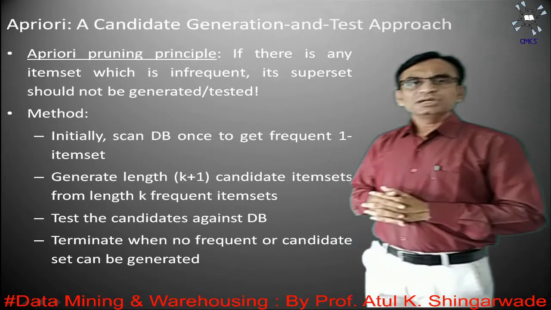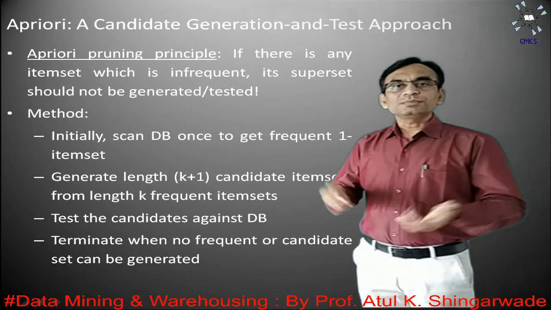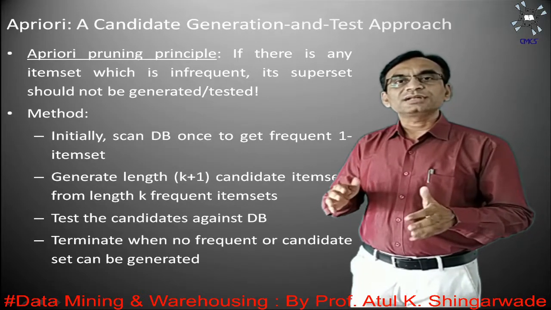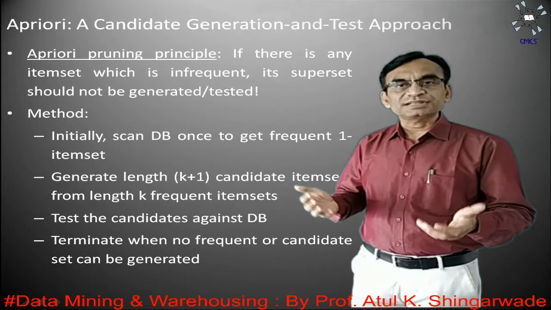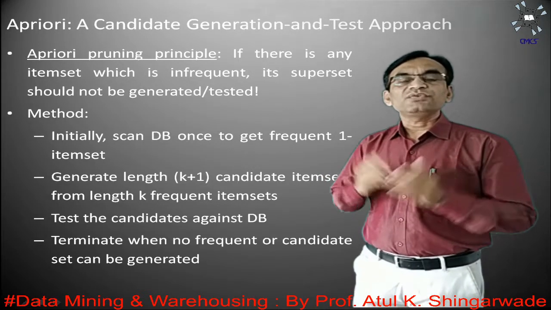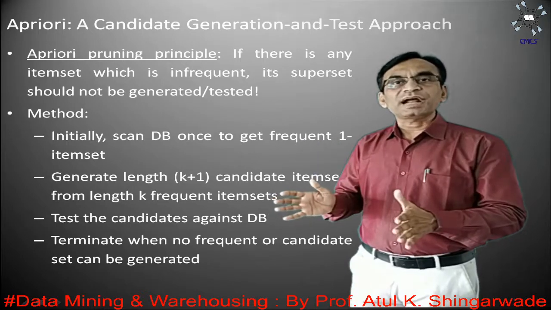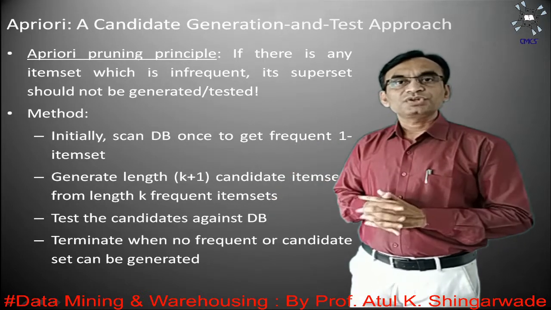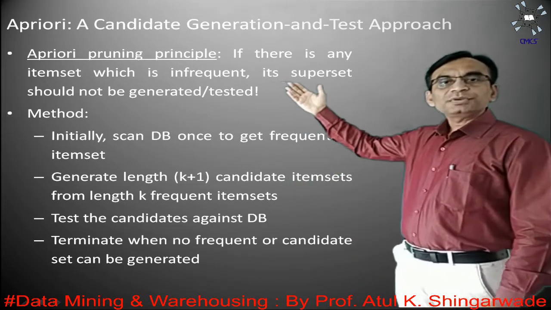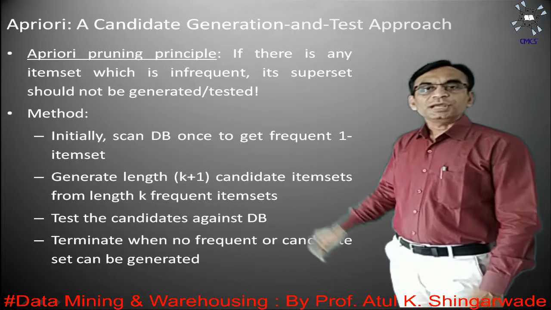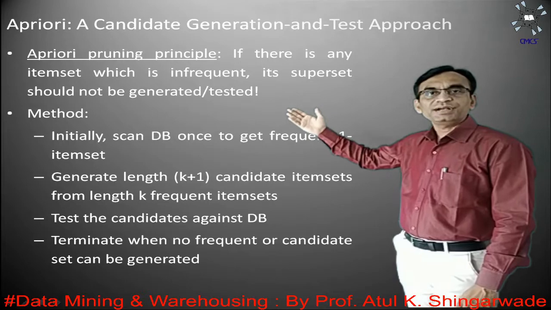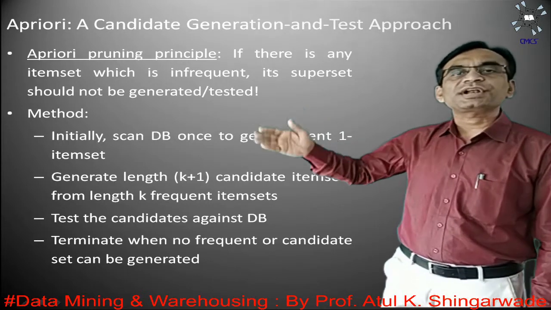Using this pruning technique, we generate the different candidates and test them, and this methodology continues until we find an item set which is null, which is infrequent. Now the a priori pruning principle says: if there is any item set which is infrequent, its superset should not be generated or tested.